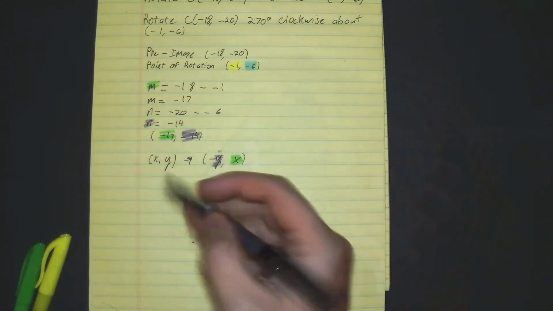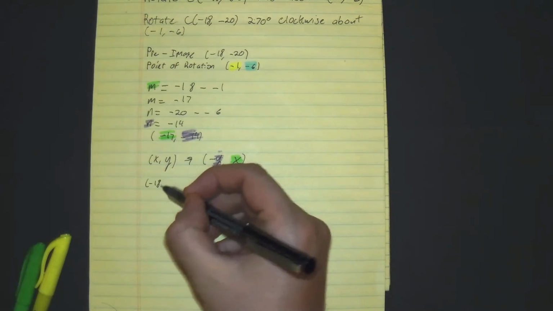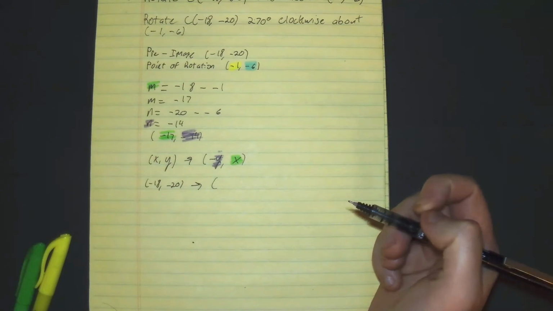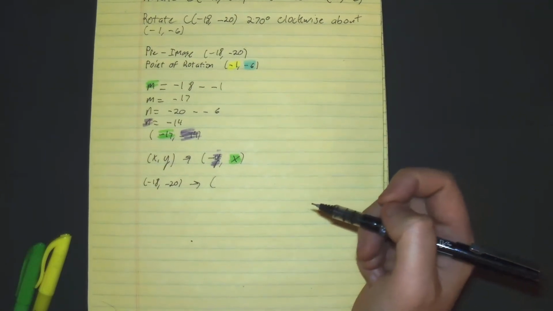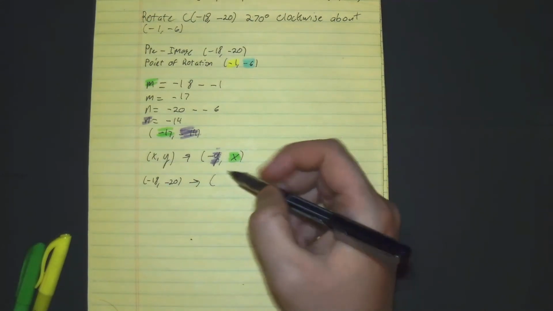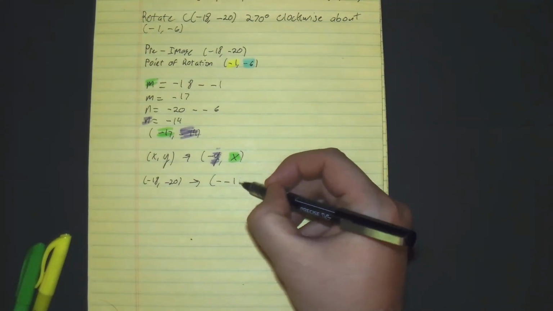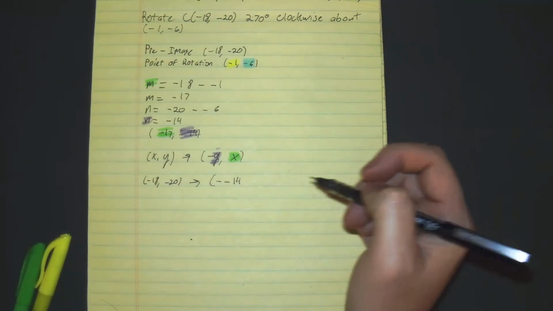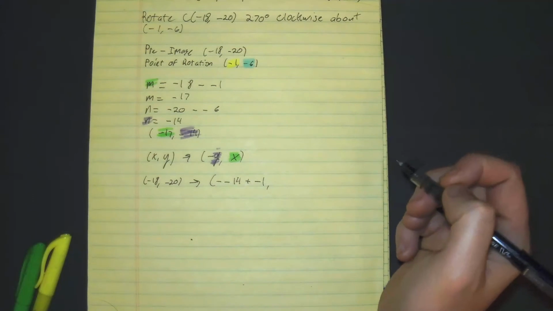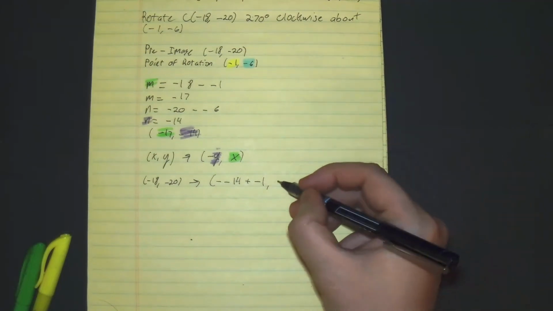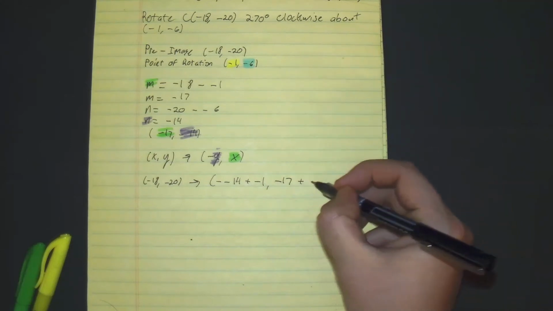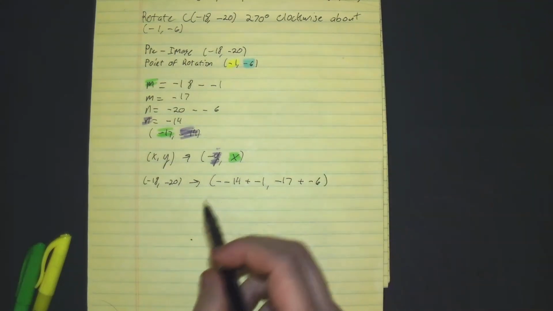So our preimage, where we started, is negative 18, negative 20, and we're going to be rotating it, and it gets us to, what's that going to be? Negative 14 plus negative 1, comma, and then just the regular x, negative 17 plus negative 6.